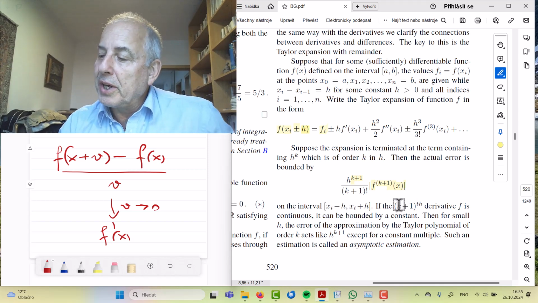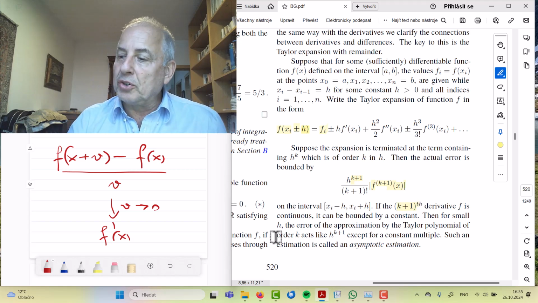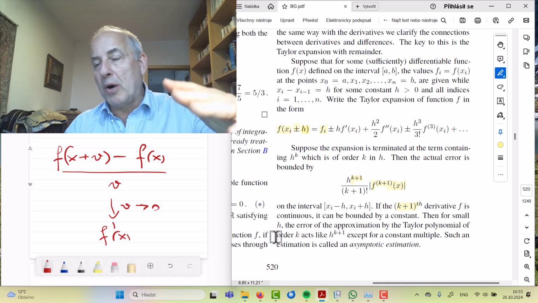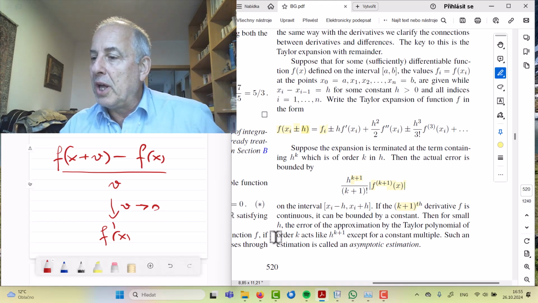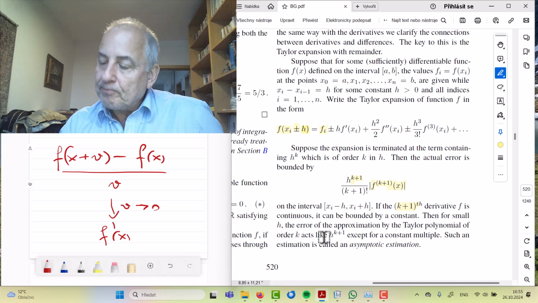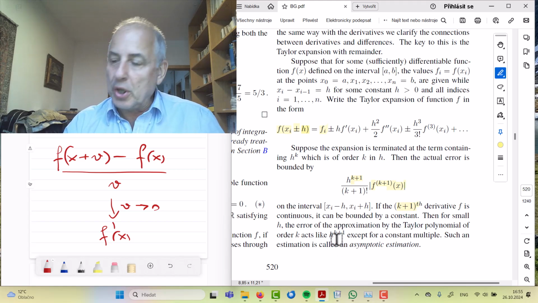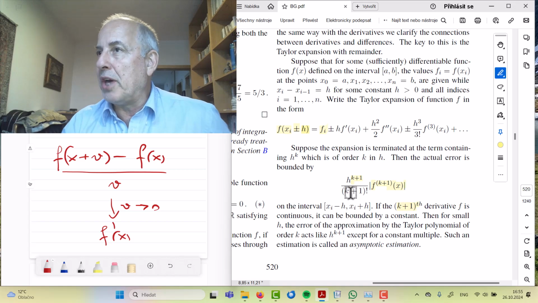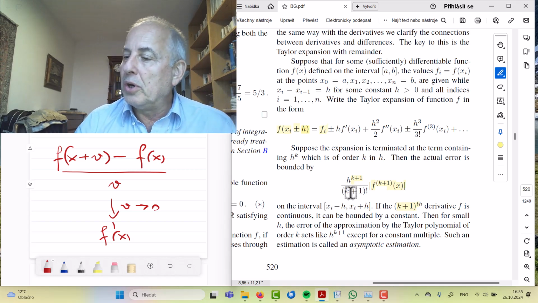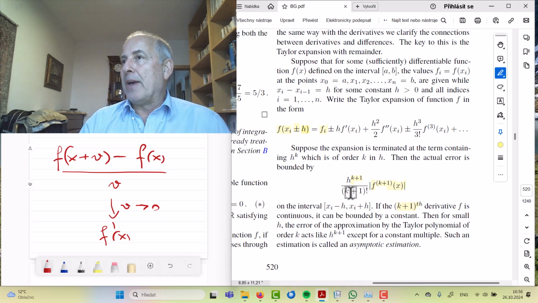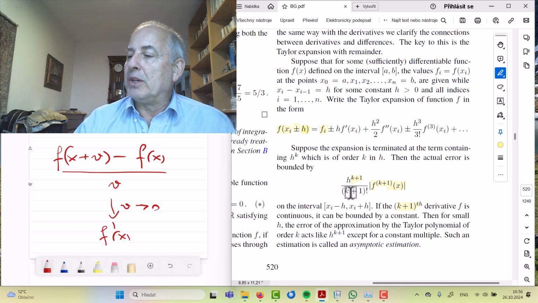The (k+1)st derivative, if it's continuous, will always be bounded by a constant on the whole interval [a,b], and therefore we can expect only a small error in the approximation by the Taylor polynomial. That's what we would say, that the error is big O of h to the k plus 1, right? So that's the error.